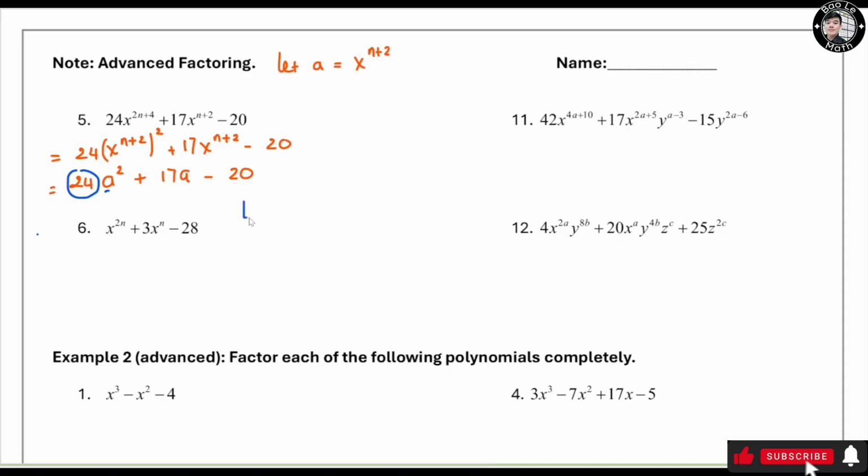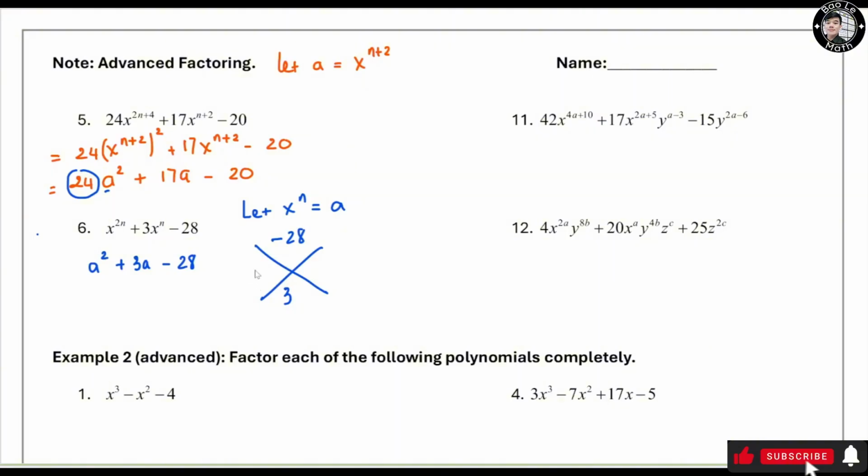We just let s raised to the n be a, so it helps you understand the problem better. It's going to be a squared plus 3a minus 28. Now we're going to use the AC method. Find two numbers that multiply to negative 28 and add up to 3.